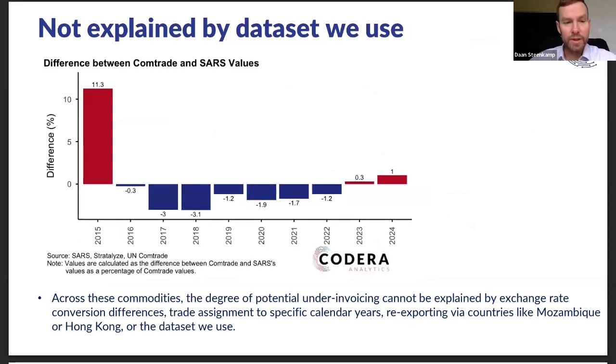But it's worth pointing out as well that when we compare the CompTrade data to the SARS data, apart from 2015, the values are very similar. So it doesn't appear that the fact that we use CompTrade for the assessment affects our conclusions.